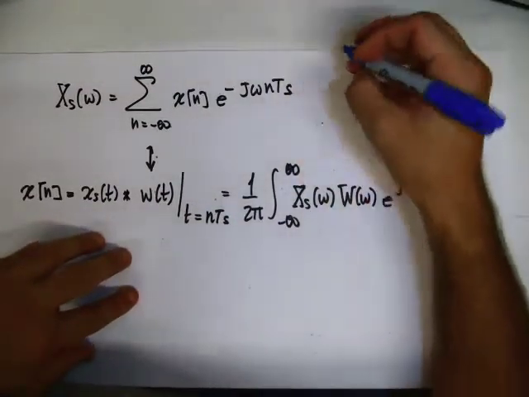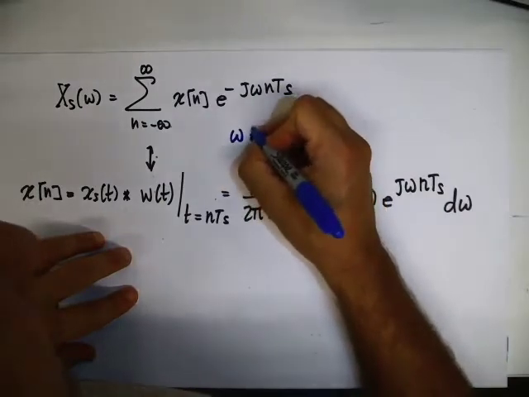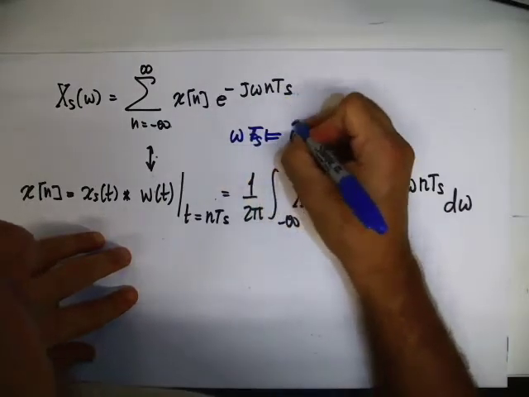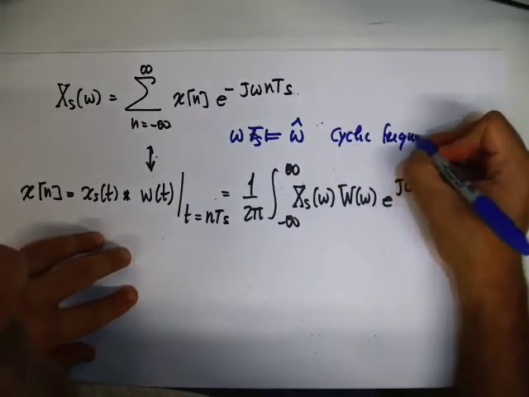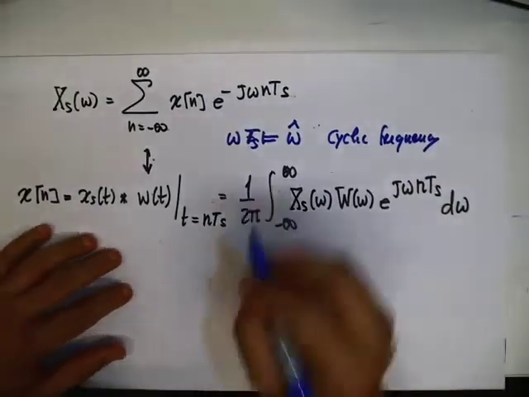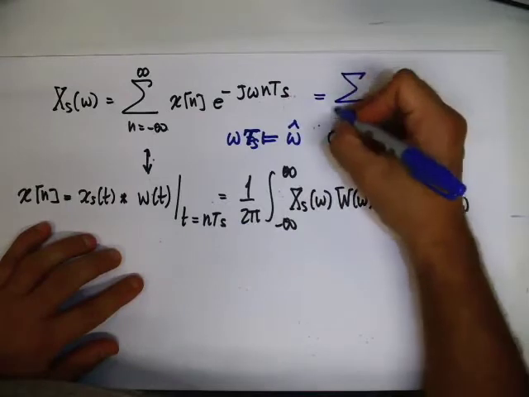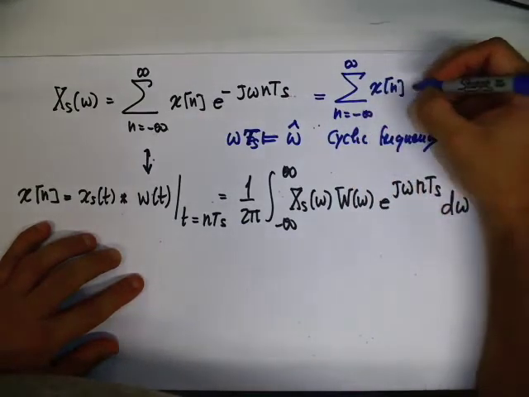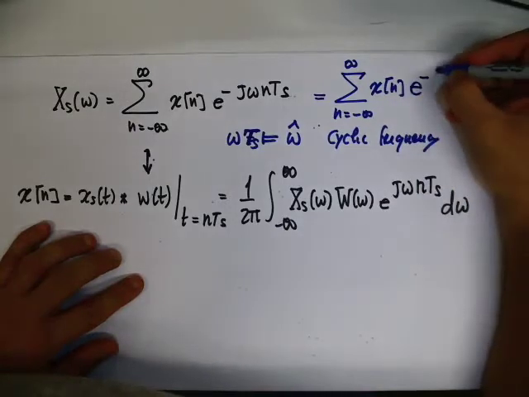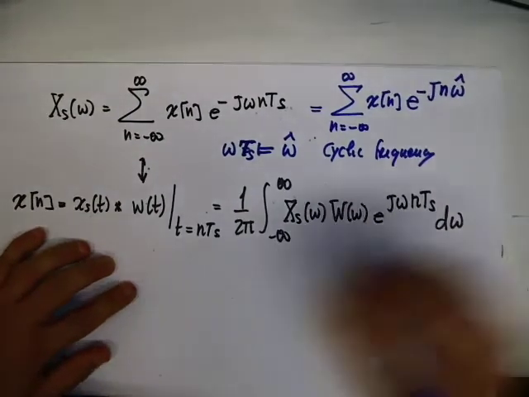And if we define omega hat equal omega times T_s, the cyclic frequency, we can, as I showed you before, rewrite this infinite sum as e^(-j n omega hat), okay?